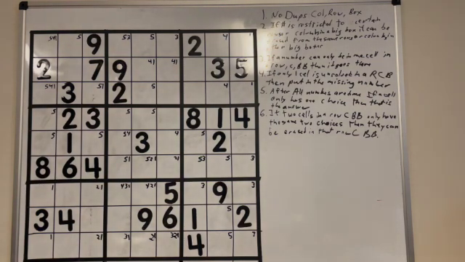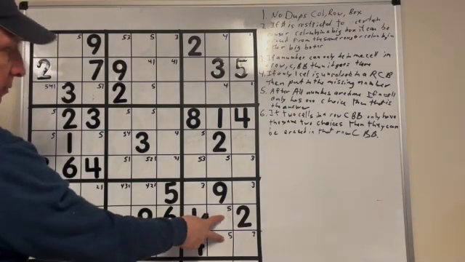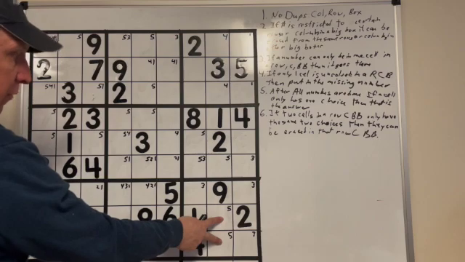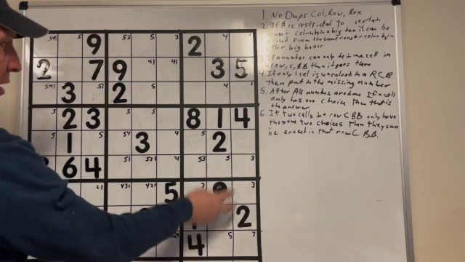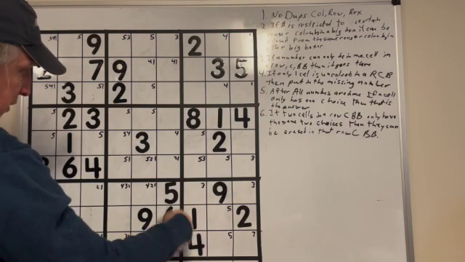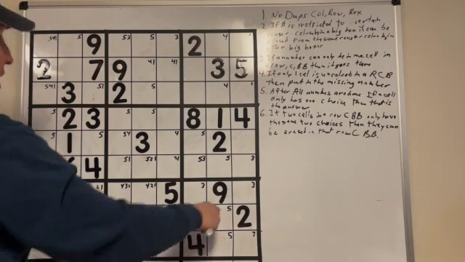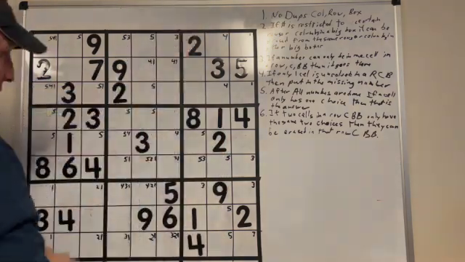So now we're back to rule number 2. 5s can only be in the middle here. Therefore, they cannot be in the middle here and here. 5 is going here or here for this big box. We don't know which one, but it's going to be one of the 2. And no matter which one it is, it'll knock out all the 5s going up.